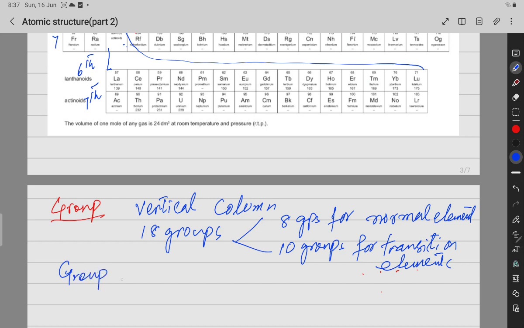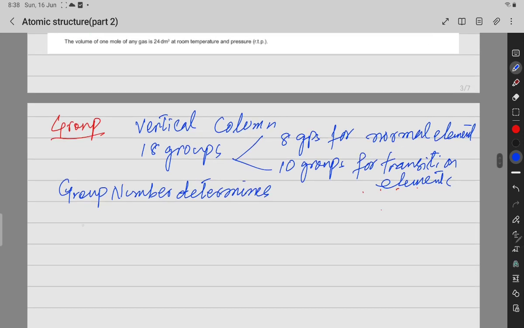The group number determines the valence shell electrons; the valence shell means the outermost shell.